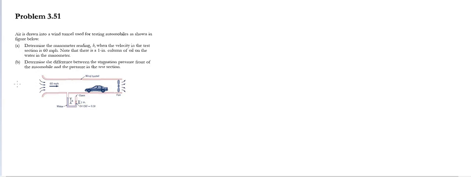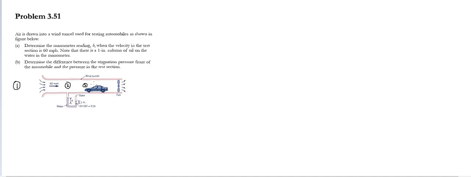So we're going to use far away before it enters to be 1, the test section right on top of the manometer is 2, and the top of the car is 3. Okay. We are going to assume that this is going to be a steady state case. We're going to treat the fluid to be incompressible and inviscid.